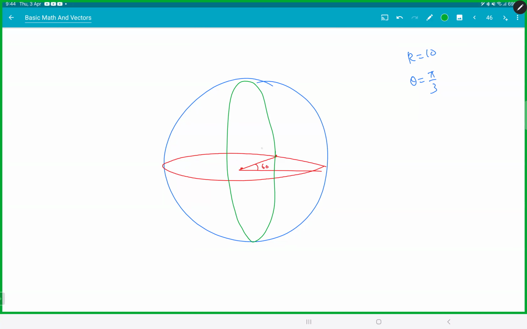When you rotate 60 degrees, you are on this vertical circle, so you can be anywhere on this green circle. So when I say phi is equal to 45 degrees, on the green circle, rotate 45 degrees, you reach the location. Are you getting how we got the coordinates? On a sphere of radius 10 meters, you travel 60 degrees horizontally, and then you rotate 45 degrees vertically, and you reach the location r comma theta comma phi.